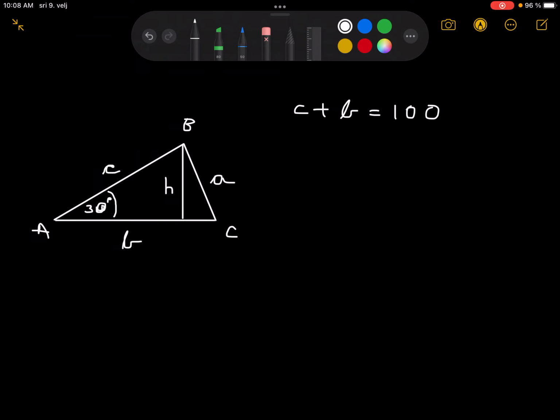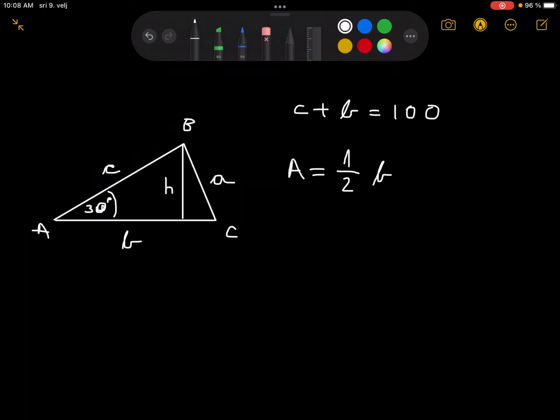So if we use some basic knowledge about geometry, we know that the area of a triangle, of any triangle, is equal to 1/2 times a side, I'll just pick B in this case, and times the height to that side. Okay, so that's B times H.